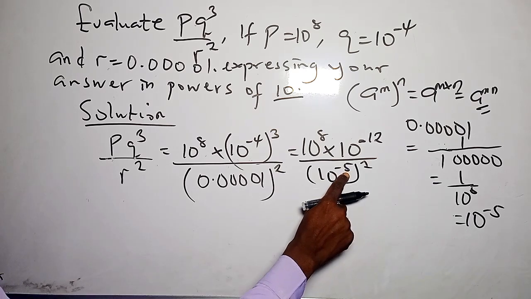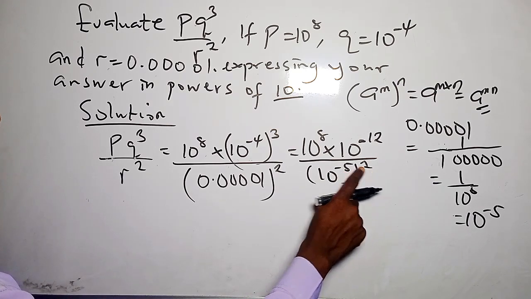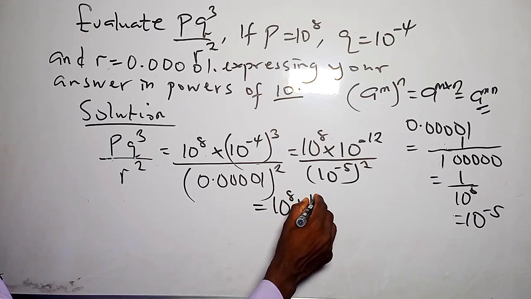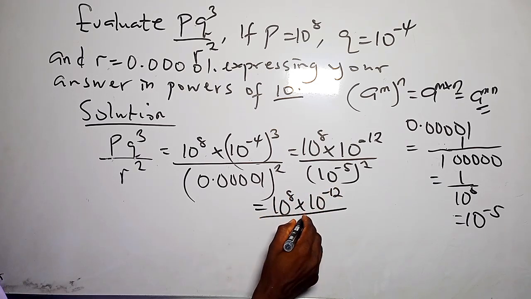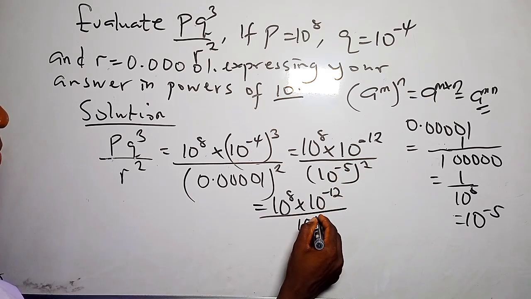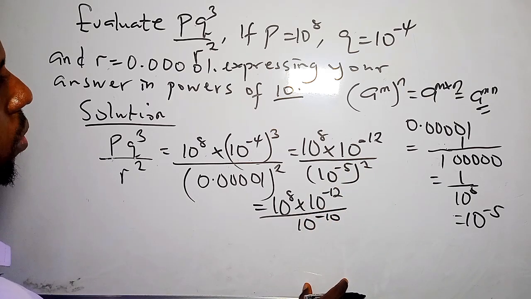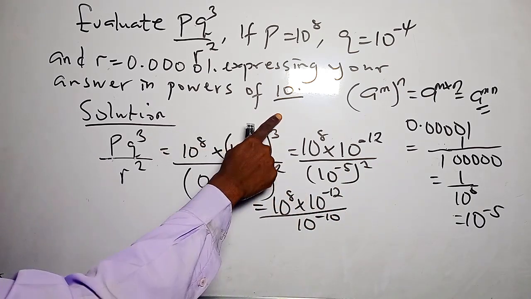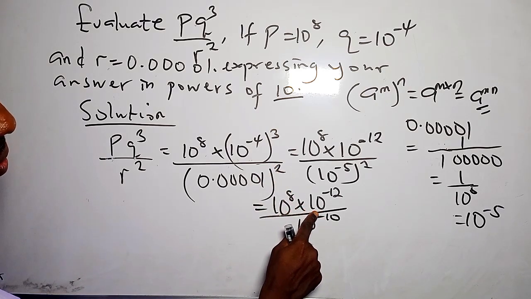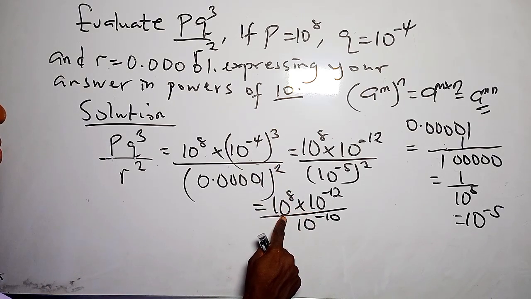We can easily apply the exponent rule here as well. So from here we have 10 raised to the power 8 times 10 raised to the power minus 12, divided by 10 raised to the power minus 5 times 2, which is minus 10. But we are asked to leave our answer in powers of 10. So we have the same base being multiplied.